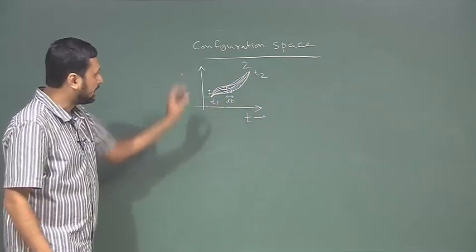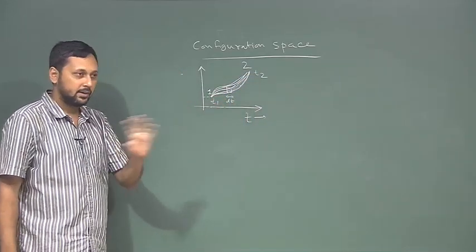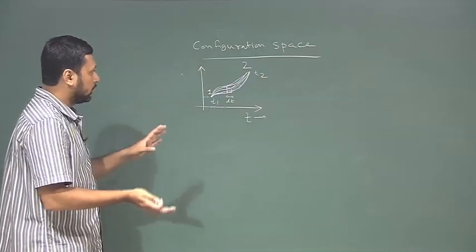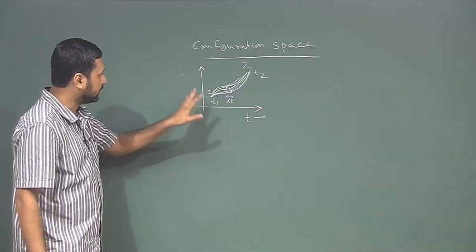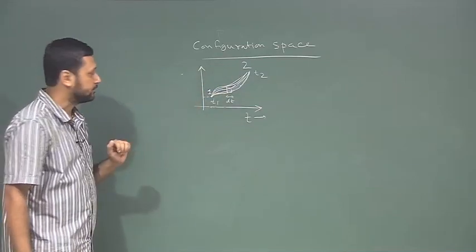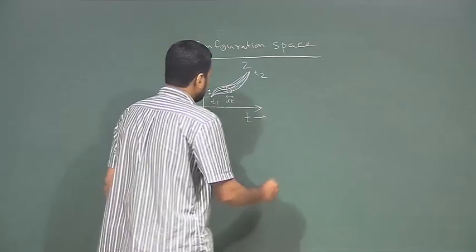Out of those paths the system will choose one, but right now let us not go into which path the system will choose; let us concentrate on how to formalize this a little bit.